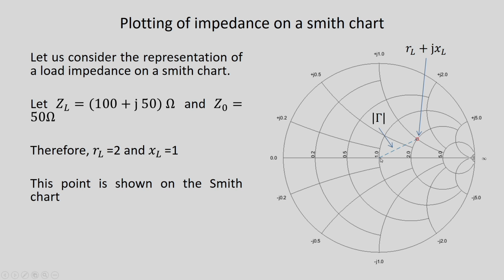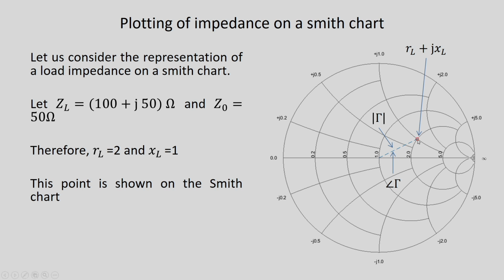normalized impedance, and if you put a line from the center of the Smith chart to this impedance point, then the length of this line represents the magnitude of the reflection coefficient gamma. Also, this angle represents the angle of gamma, angle with respect to this axis, that is subtended by this line.